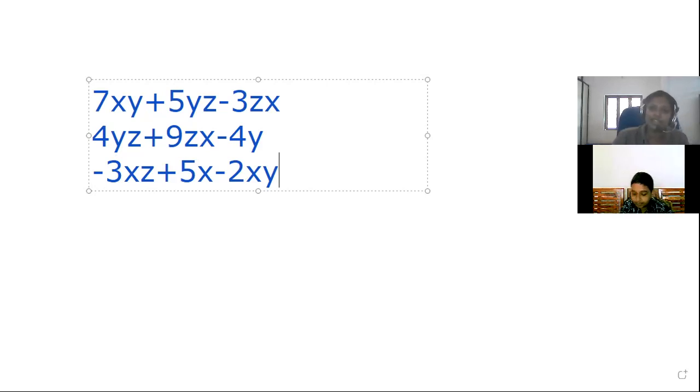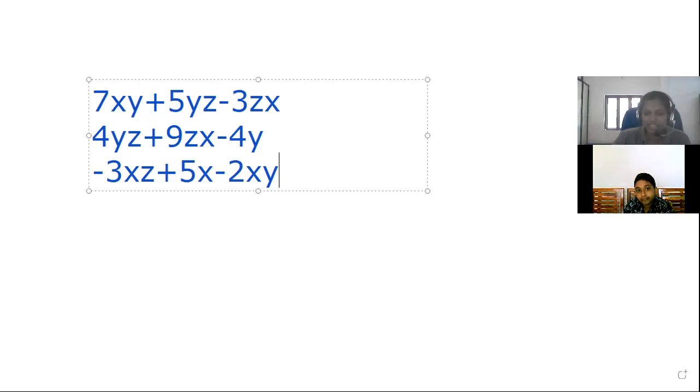These are the expressions we have been given and we have to add them. In the case of addition, what do we have to observe? The like terms have to be added. Look here, 7xy. Which is the like term of 7xy? Minus 2xy.